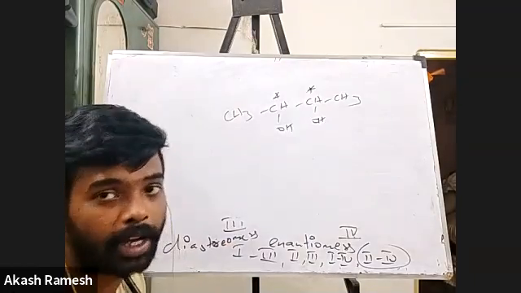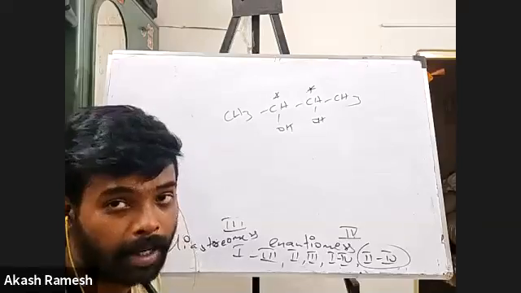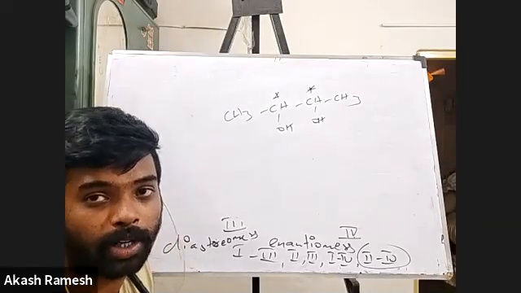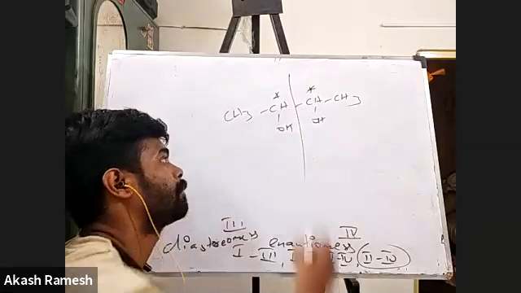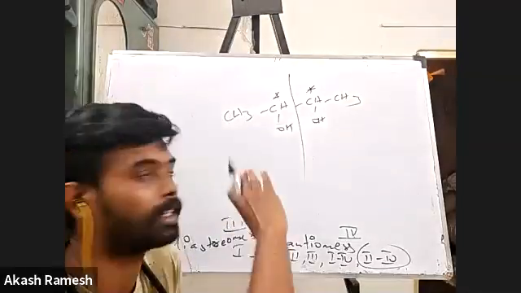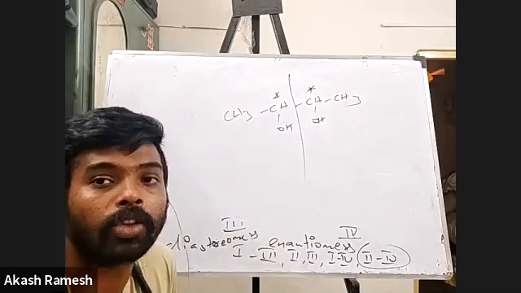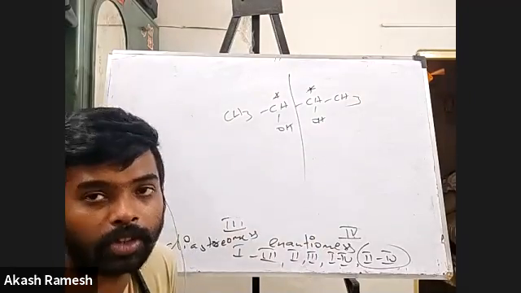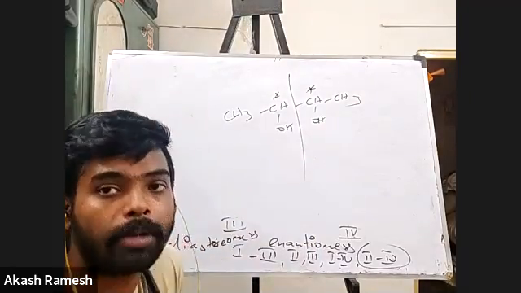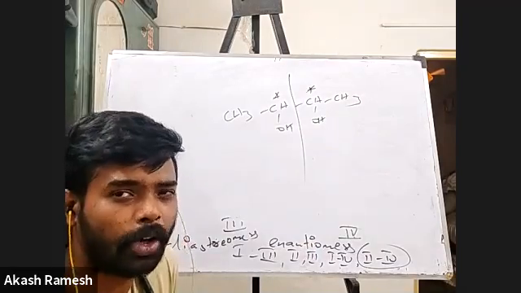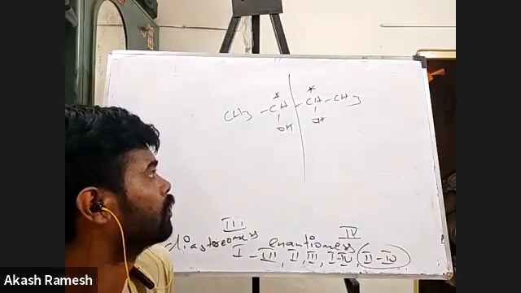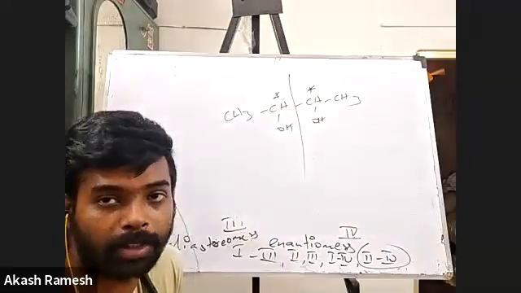So I have 2 chiral centers, but what should I look for? A plane of symmetry. A compound with a plane of symmetry is optically inactive. So definitely I have a plane of symmetry here. You can see that this side and that side are exactly the same. So definitely one of the pairs of this compound's stereoisomers would be mesomers. Okay, fine. So that's about mesomers.